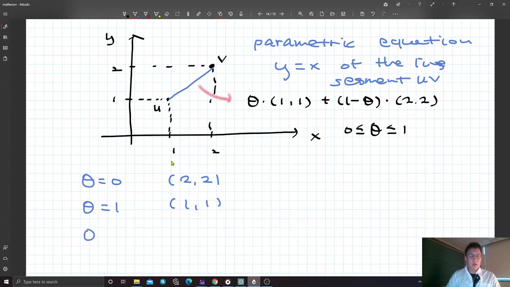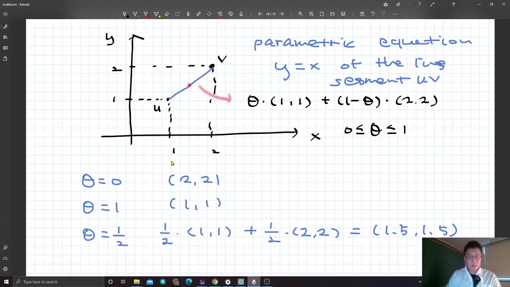When theta is 1/2, we have 1/2 times (1, 1) plus 1/2 times (2, 2). So we have (1.5, 1.5), and that corresponds to the midpoint of this line segment. By adjusting the size of theta, you can essentially represent any point on this line segment.